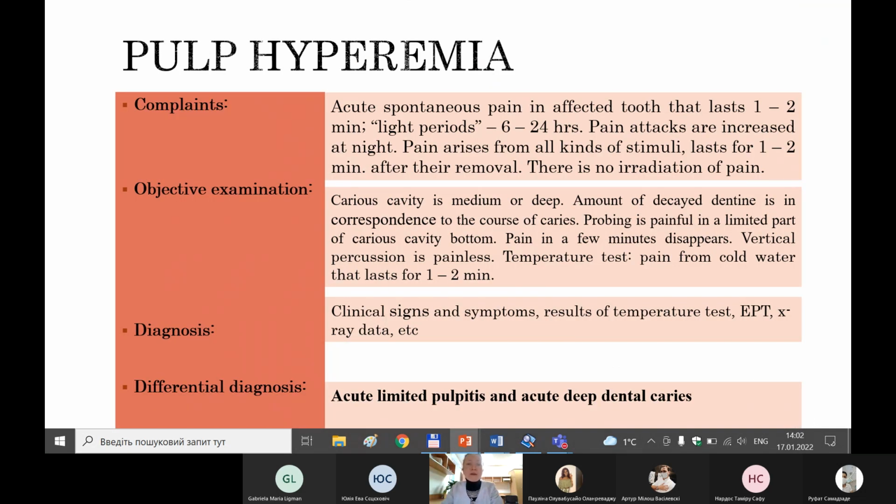And now, one by one, we will discuss all types of acute pulpitis. We will start from pulp hyperemia, as it is the initial inflammation of the pulp tissue.